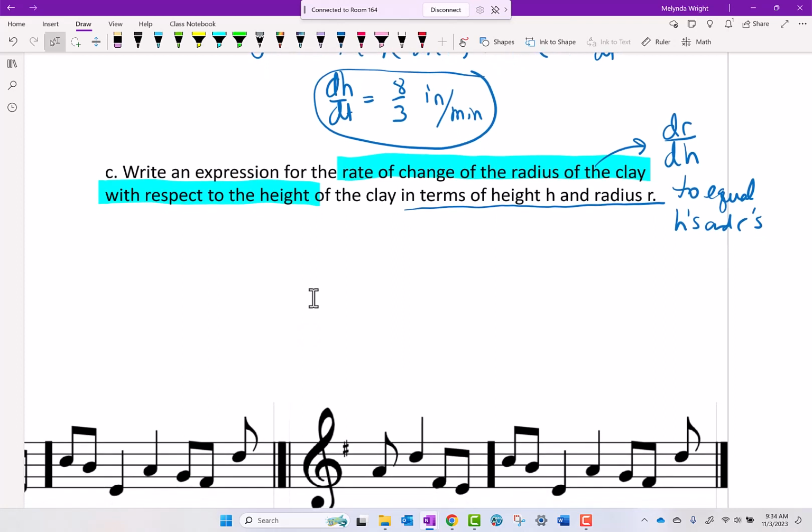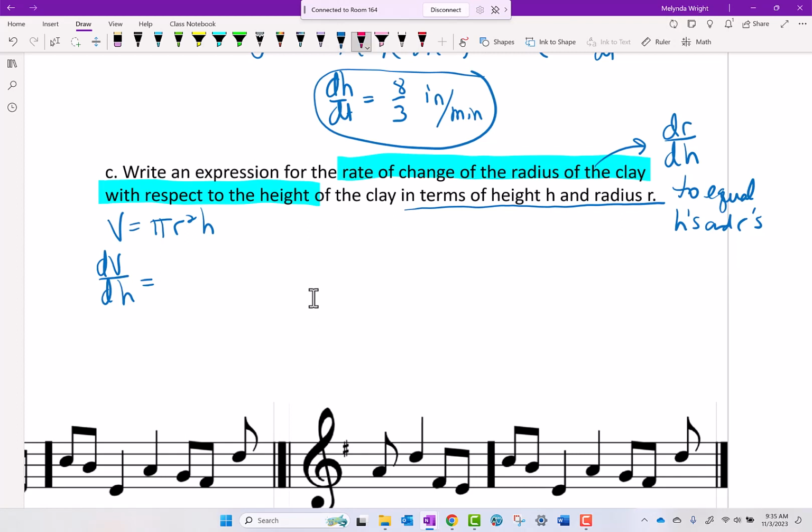So we go back to our volume formula. Volume equals pi r squared h. Now instead of taking the derivative with respect to t, we need to take the derivative with respect to h, which is weird. So dV dh equals, what rule am I going to have to use here? Product rule, yep.